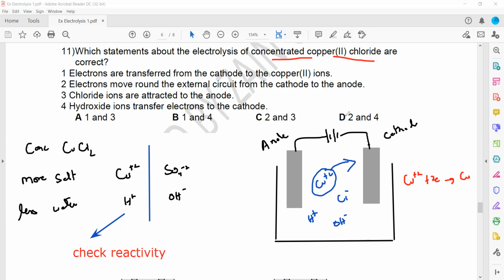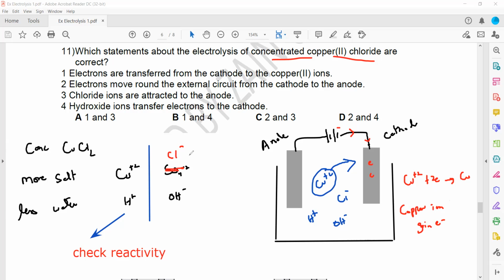In terms of electrons, from the negative terminal electrons will come, and this copper ion gains electrons. So the copper ion is gaining electrons and turns into a copper atom. Then for negative ions, here by mistake I wrote sulfate. It is chloride because it's copper chloride.